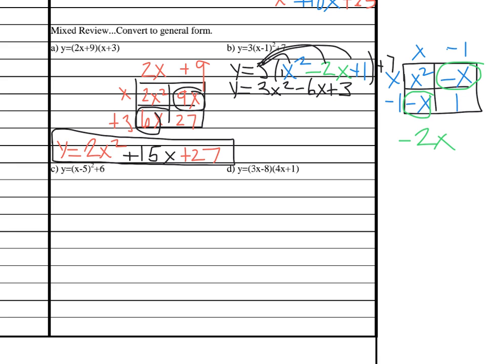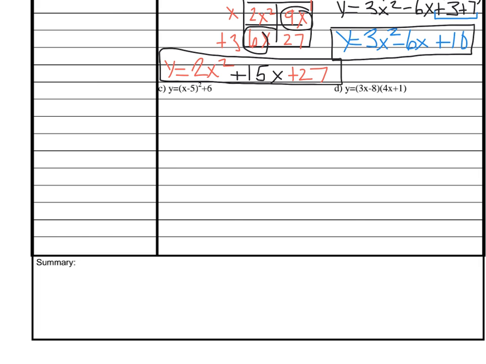And I do not distribute to the plus 7, but I do need to write it down. Now we look to see if there are any like terms that we can combine. And you see we have 3 and 7, which will give us 10. So y equals 3x squared minus 6x plus 10. And we have gone to general form again here.